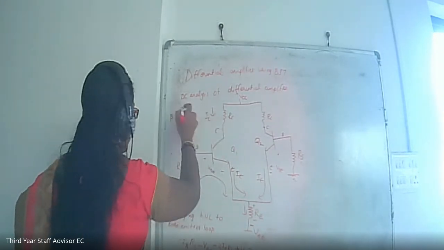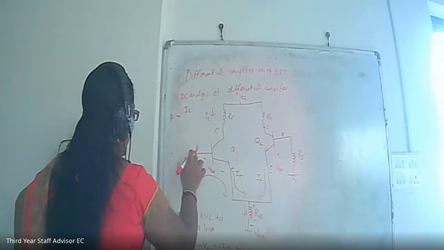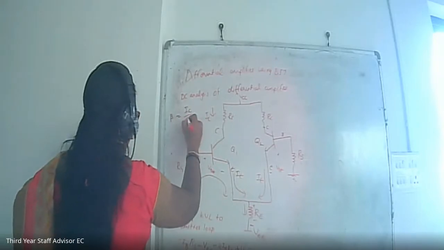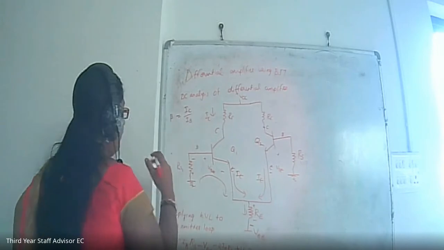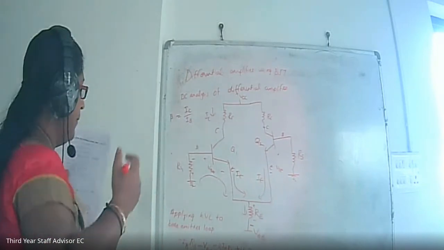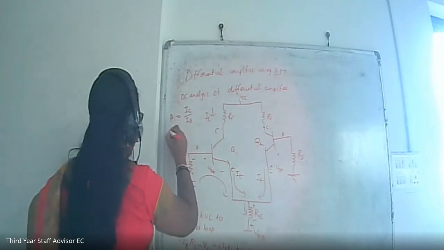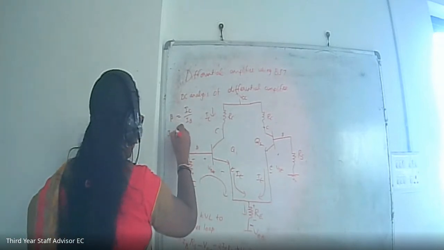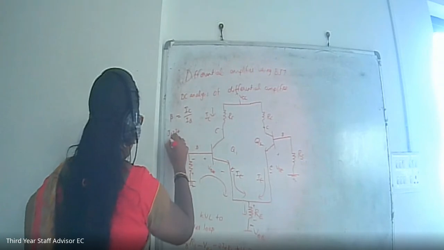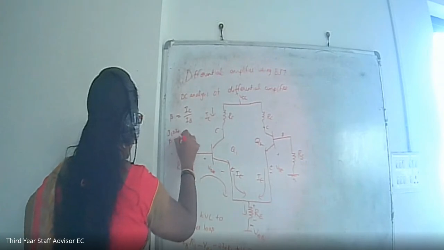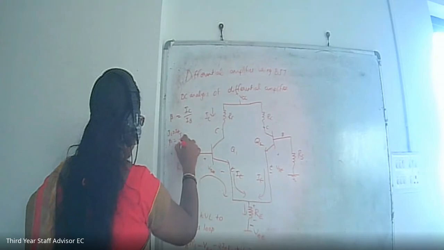Here the output current is IC and the input current is IB, so IC by IB. But we have taken the initial condition IC approximately equal to IE, so we can substitute that value also. So beta will be equal to IE by IB.